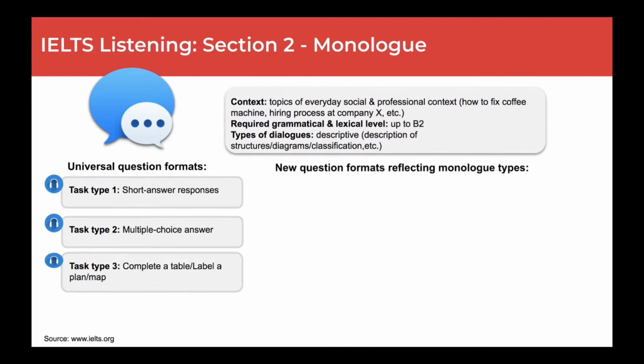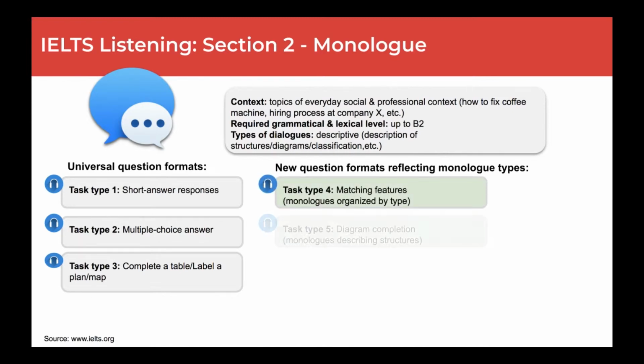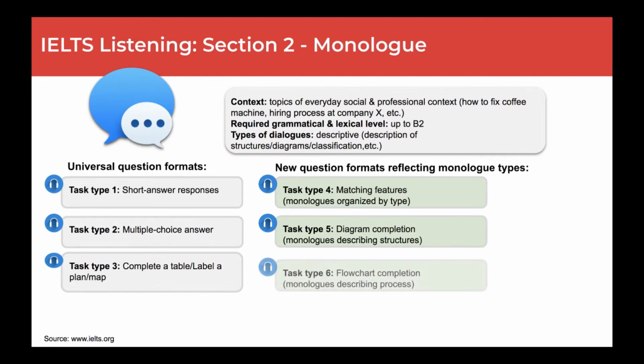And there are some additional formats that are widely used in monologues, such as matching features, diagram completion, when you are presented, for example, the diagram of the plan of the company office building, and you have to fill out the blanks. And another type is flowchart completion, very commonly used to describe a process, for example, how the company hires people.